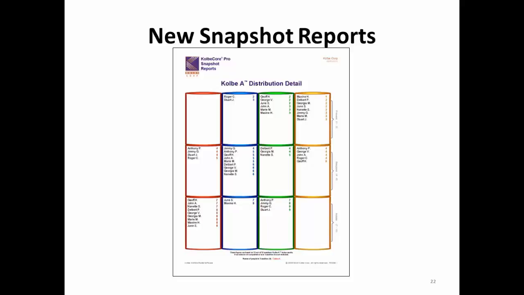The distribution detail report, which is fairly new, is somewhat similar to another report that we have in Team Tactics, but extremely new with regards to the names that are put in each mode zone tank. It gives you a quick way to look at who that individual is and where they fall within different parts of the Colby A. These new snapshot reports will save you time when reviewing and discussing how to leverage and empower the natural strengths within your organization.